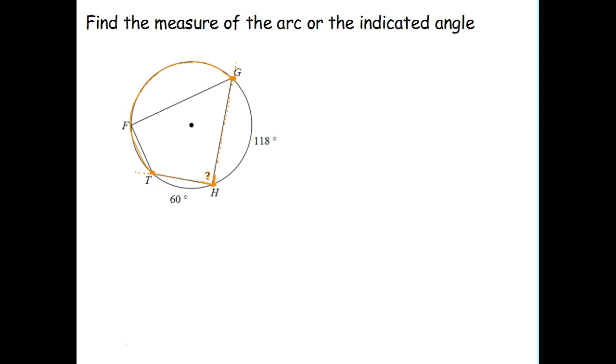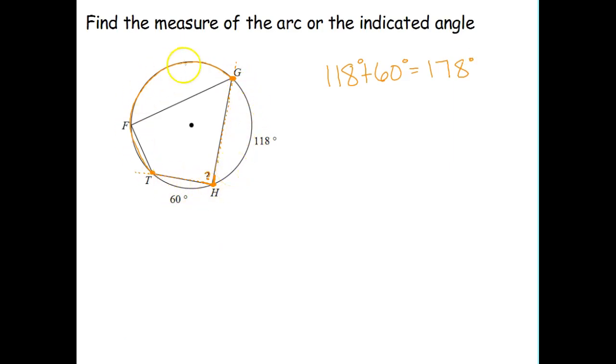So if the arc from T to G is so many degrees, then we know that the other arc on the other side from G to T has to add up to 360. So if we take 118 plus 60, we get 178 degrees. So we know that this arc behind the angle here is 178 degrees.